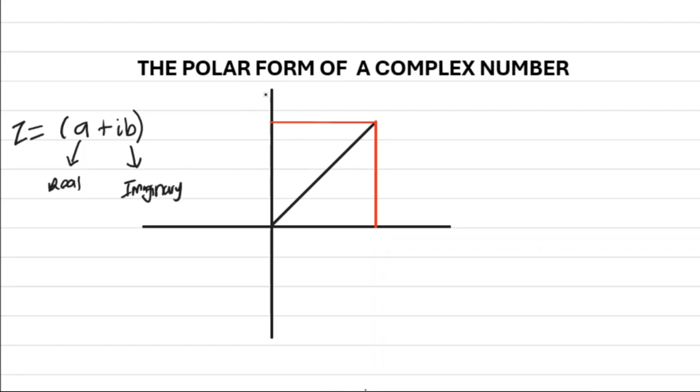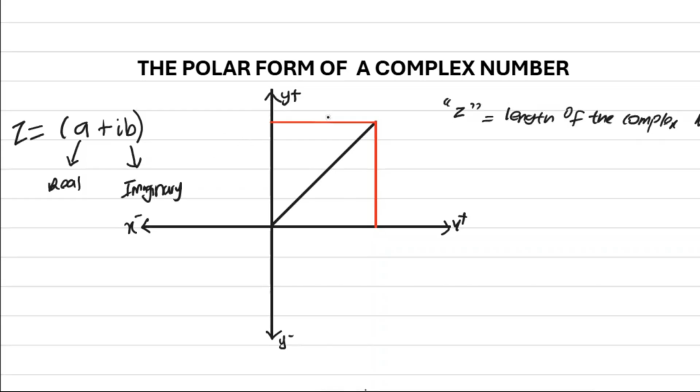Now from this Cartesian diagram, or let me say from this basic graph that we have, let's introduce the values. This is our y positive, these are y negative, these are our x positive, while this is our x negative.